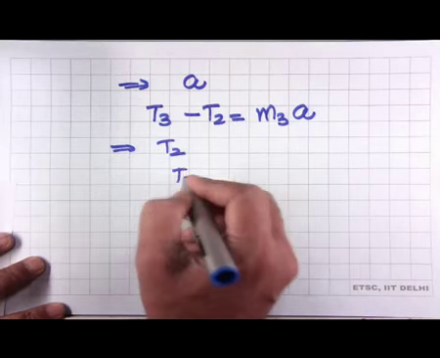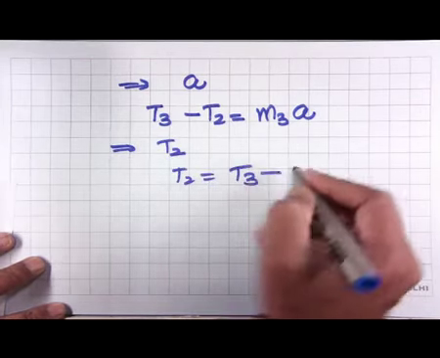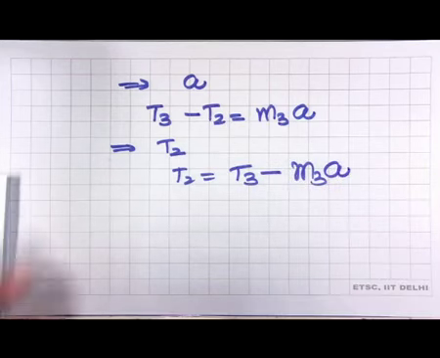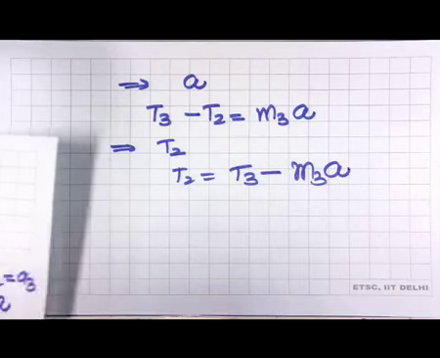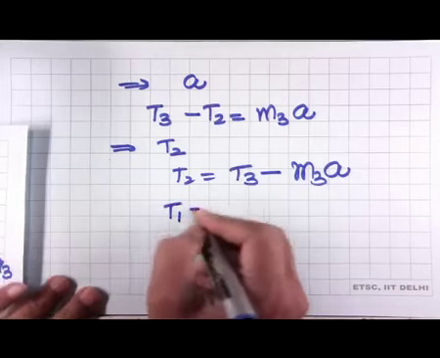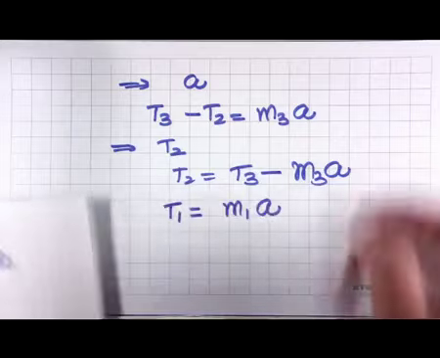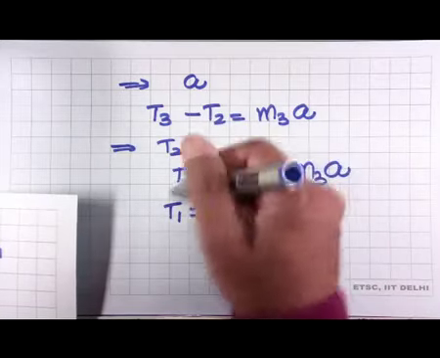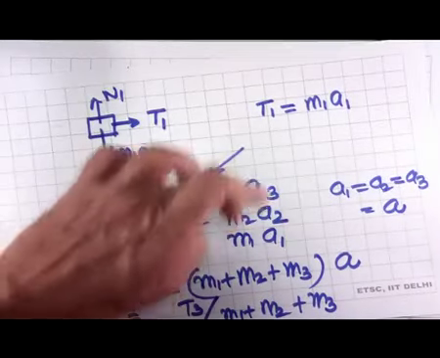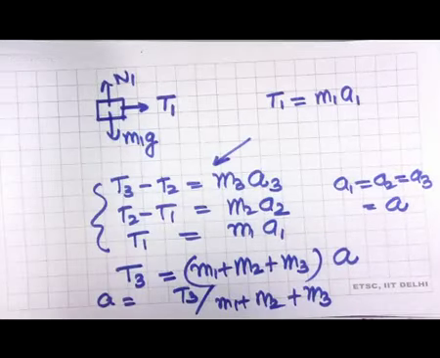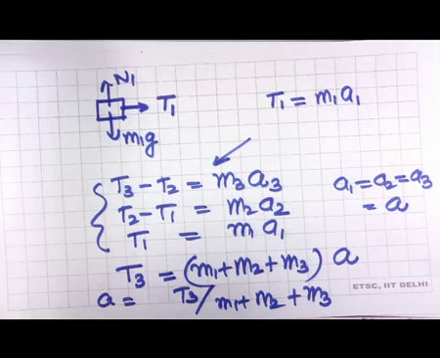T2 will be equal to T3 minus M3 times A, and then we can go to the first equation, T1, we already know this is equal to M1 times A. So, we can solve the value of T1, T2 and A. These are the three unknowns. T3 was given to us, there was one unknown, acceleration. So, we can solve a problem like this.